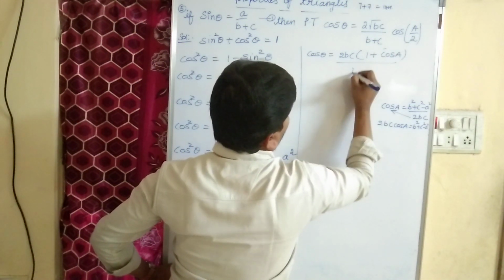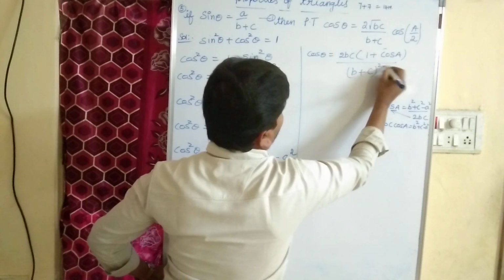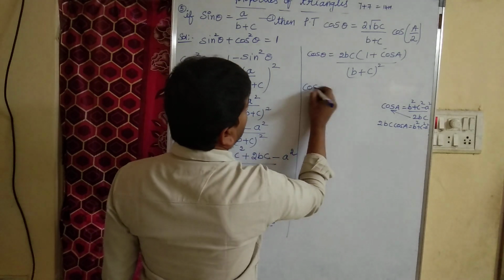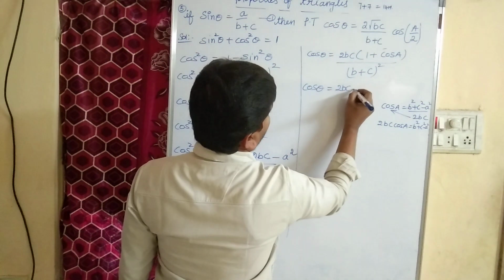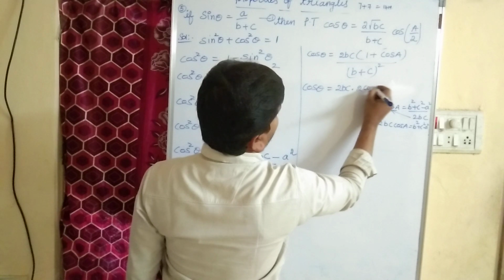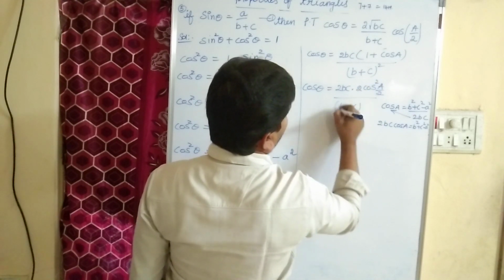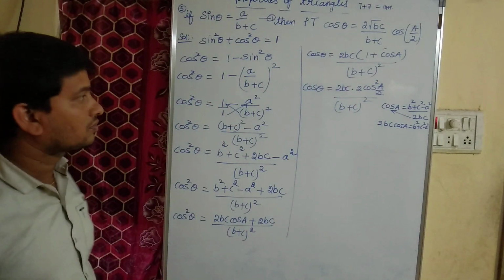So 2bc into 1 plus cos A by b plus c whole square. Again the formula for 1 plus cos A is 2 cos square A by 2, so 2bc into 2 cos square A by 2 divided by b plus c whole square. Right?